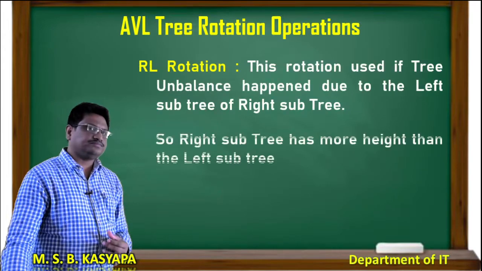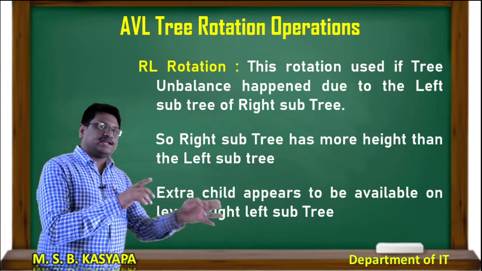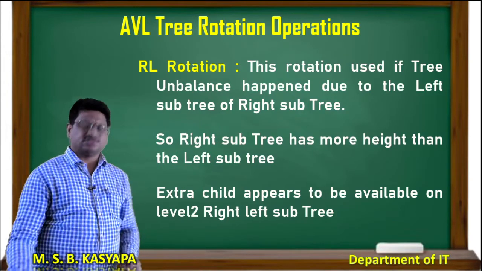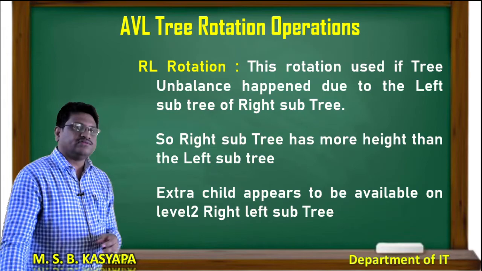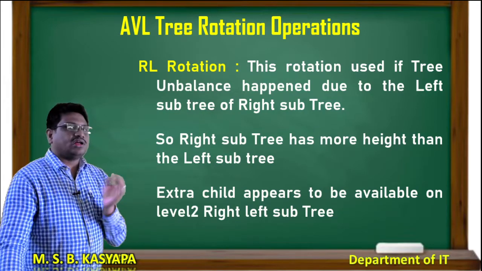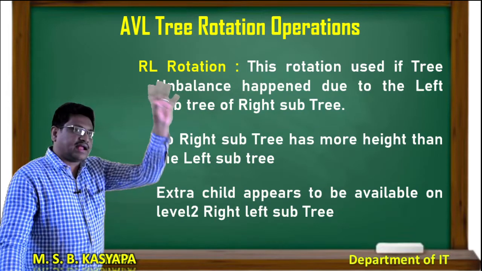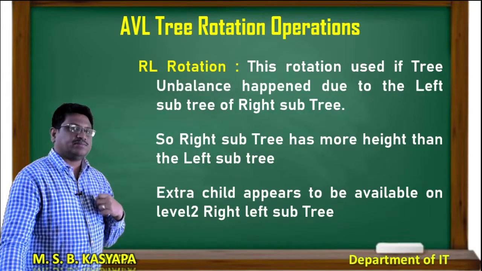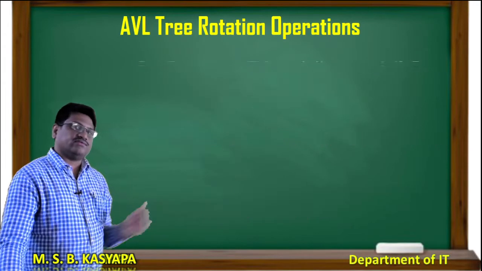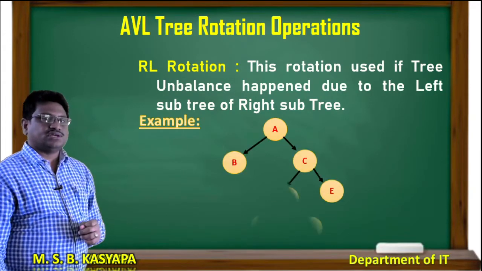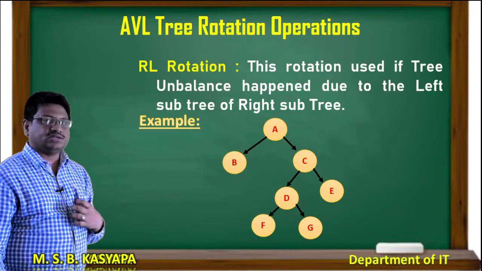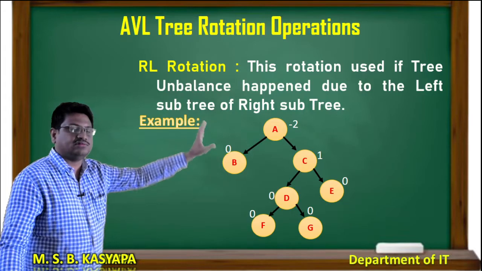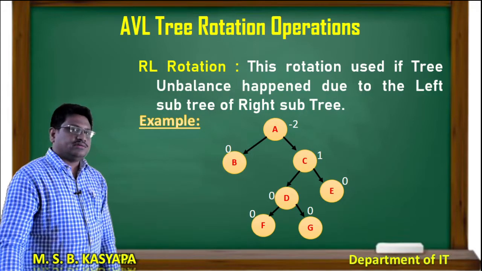Now, in the order, see, LR left right, RL right left, a little bit different. If RR or RL happens, then the right subtree height is greater than the left subtree. Okay, right subtree is greater than left subtree. Now, if you see here in my example, if I calculate the values, A has -2, the highest value is -2.